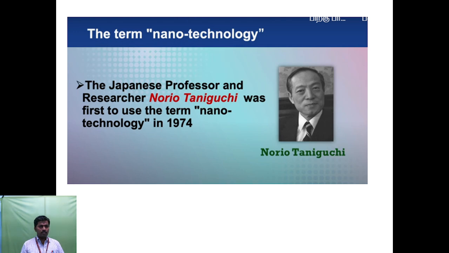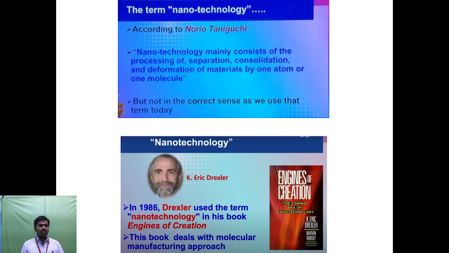One more person, a Japanese professor, Norio Taniguchi, was the first to use the term nanotechnology in 1974. According to Taniguchi, nanotechnology mainly consists of the processing of separation, consolidation and deformation of material by one atom or one molecule, but not in the correct sense as we use that term today.